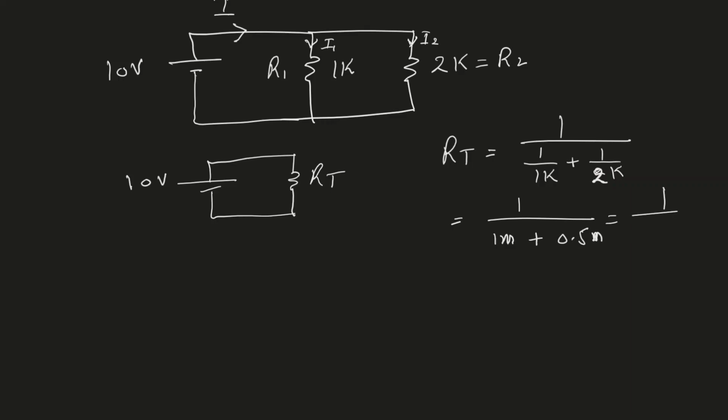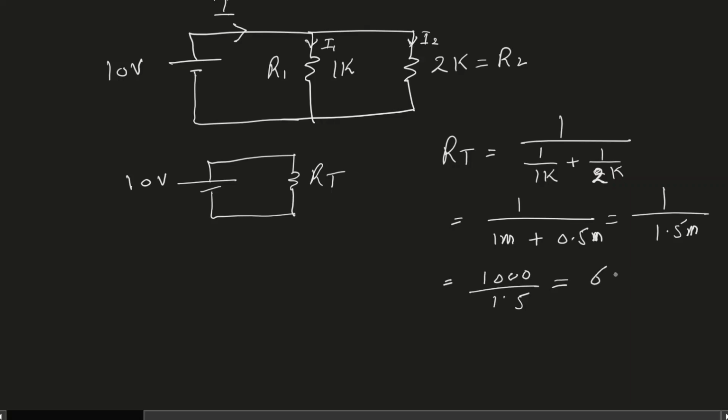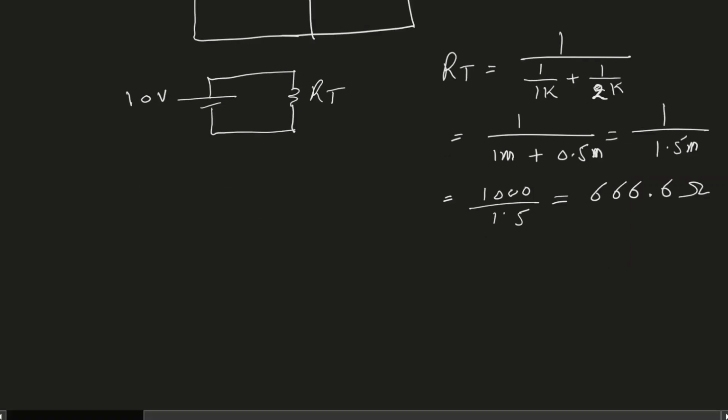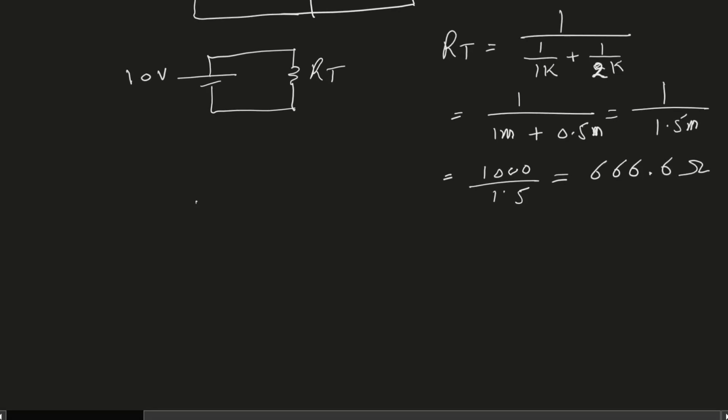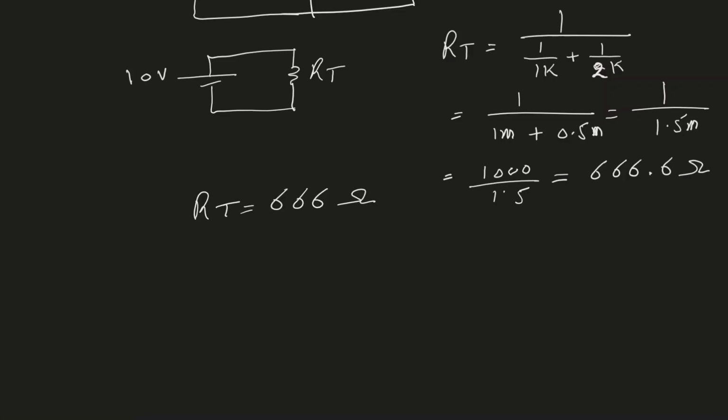So that is 1.5 milli, which is 1000 divided by 1.5, which is equal to 666.6 ohms. So we got our R total to be equal to about 666 ohm, let's just say, for the sake of convenience.